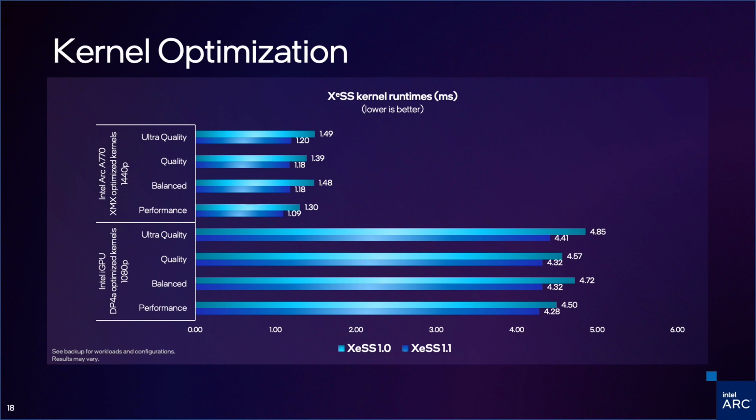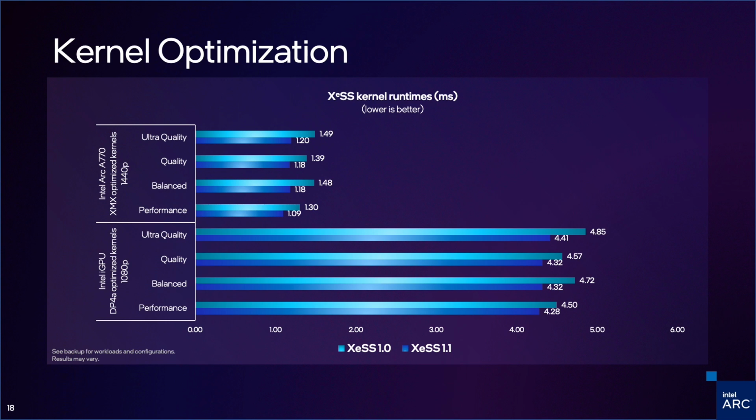Let's look in practice at the results of that work with XeSS 1.1 kernels. As you can see, the kernels are effectively a little faster, up to 20% faster on discrete GPUs and up to 9% faster on integrated GPUs.